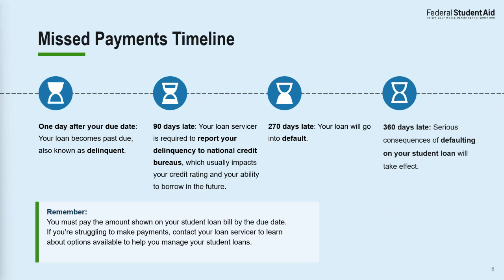If you still have not made contact or have not made a payment towards your missed payment due date, then there are some serious consequences with defaulting starting at 360 days. Please note that based on your loan type, you may experience some of these serious consequences earlier, between 270 and 360 days. Let's talk a little bit more about what those consequences may be.